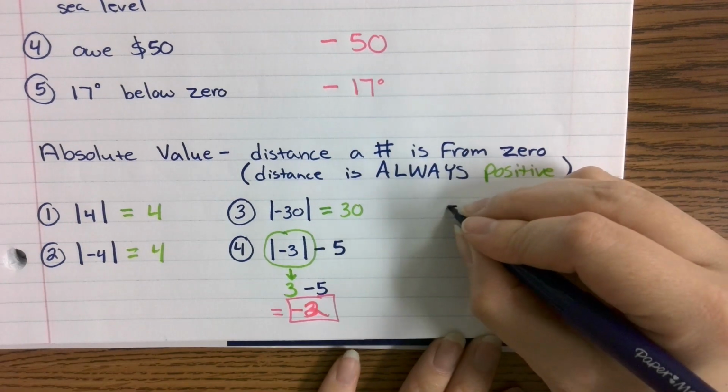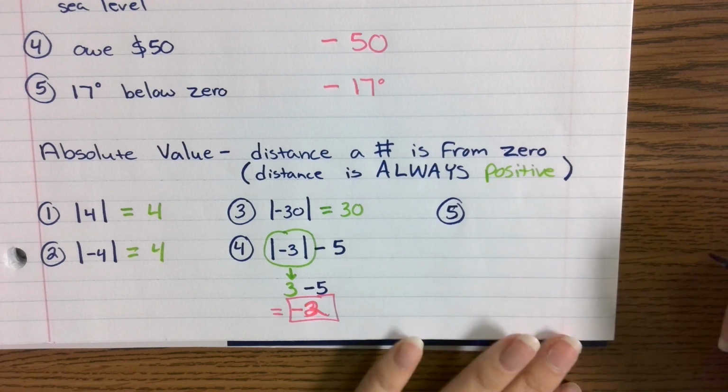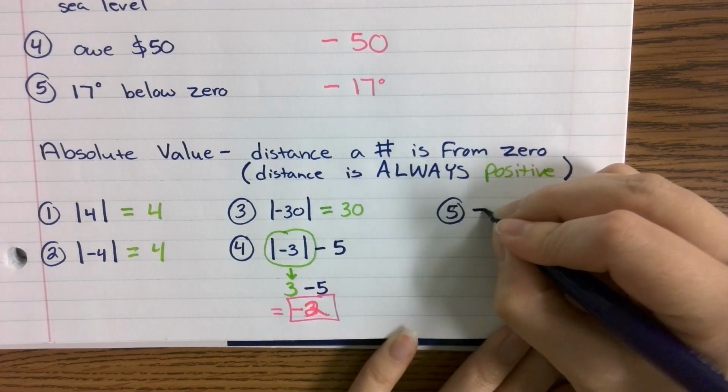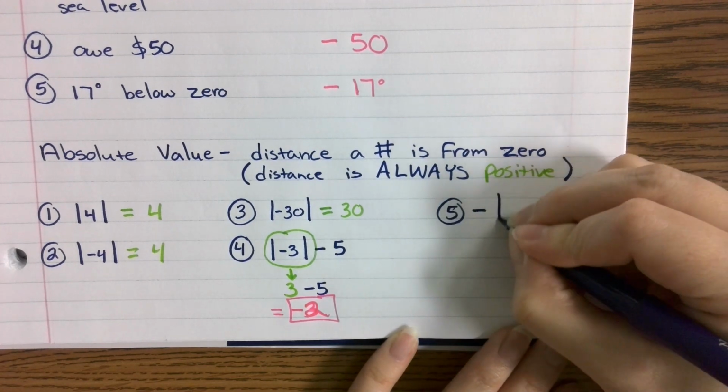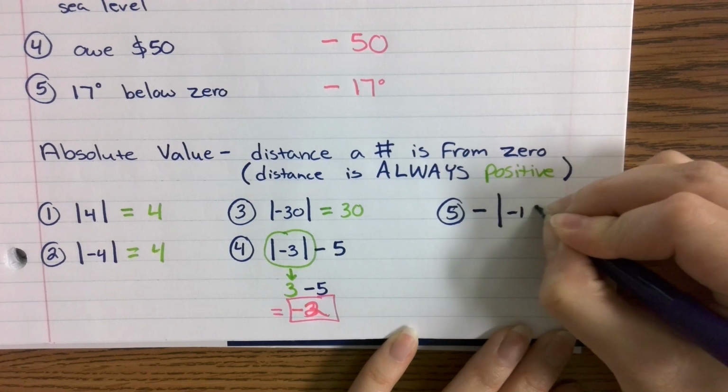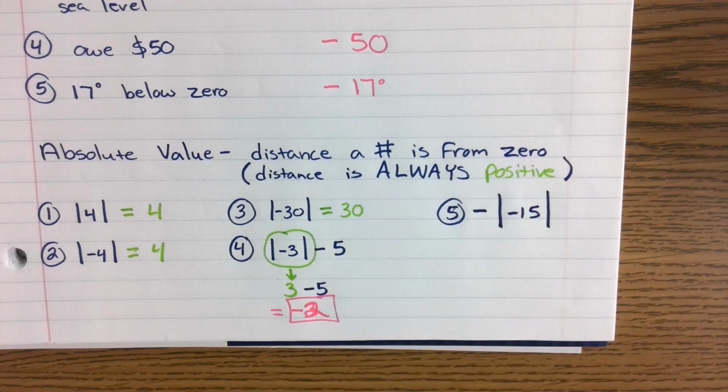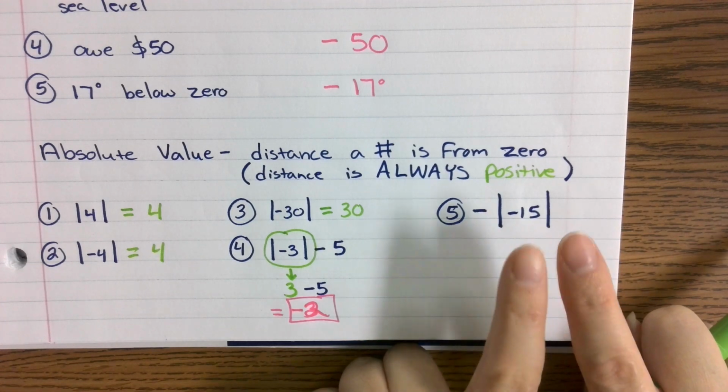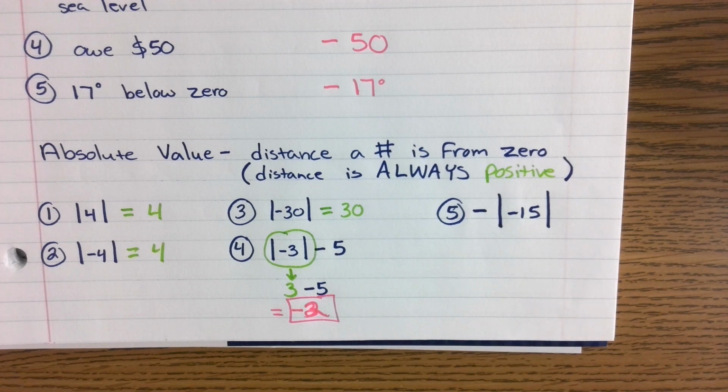Let's take a look at one more example, and then I'll have you go on to your assignment. So we have a negative and then an absolute value of negative 15. Again, you have to do the absolute value first. You've got to do this first because it's almost like parentheses. Remember that order of operations? Please excuse my dear Aunt Sally.